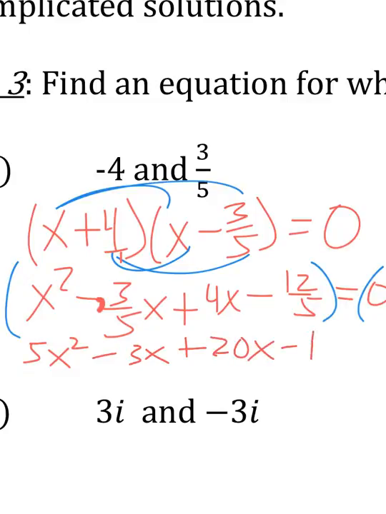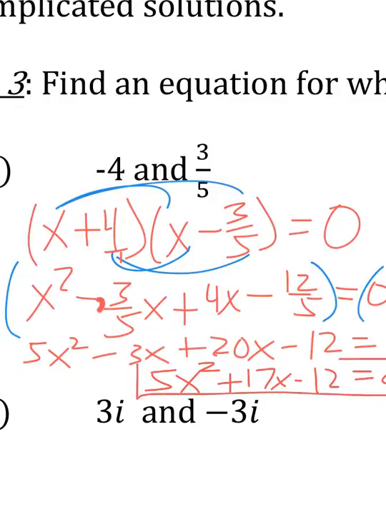And 5 times 12/5 is 12. On the right side, 5 times 0 is 0. So now we'll simplify. We've got 5x squared plus 17x minus 12 equals 0. So there's the equation that has the two solutions given there.